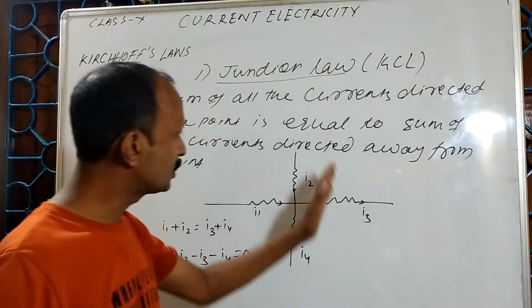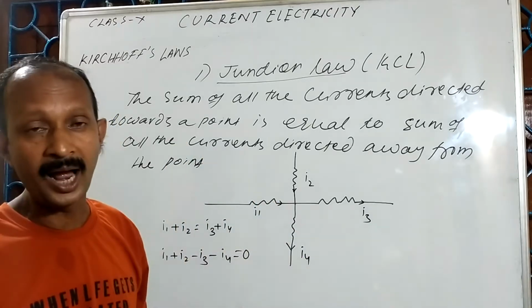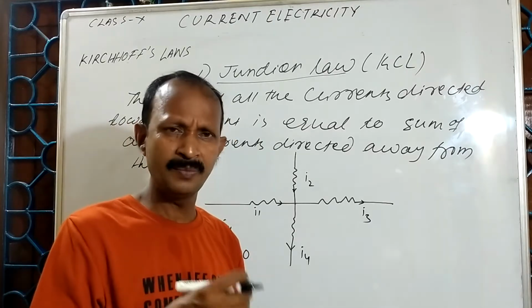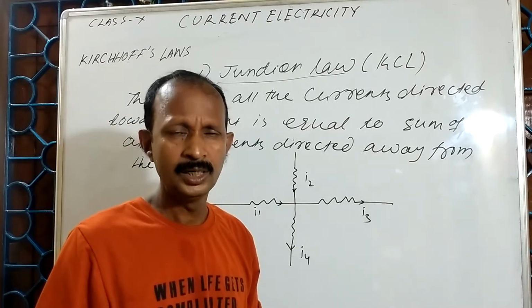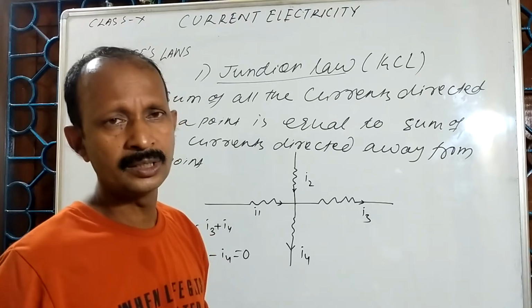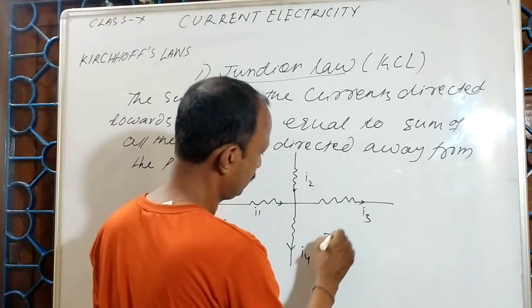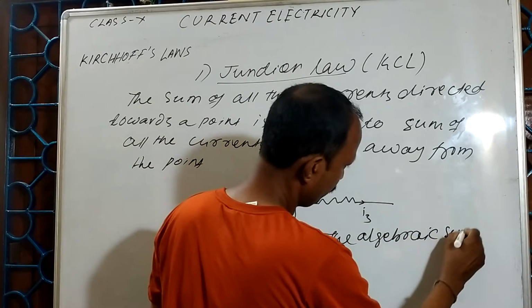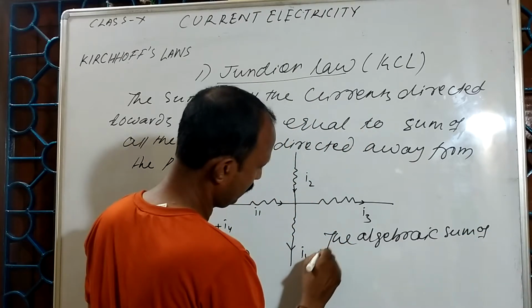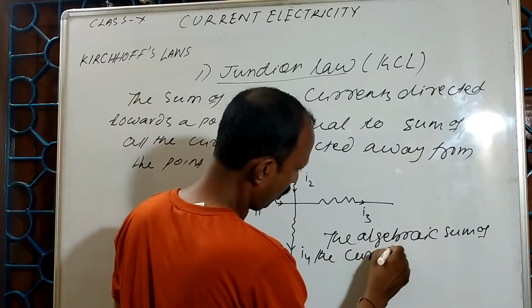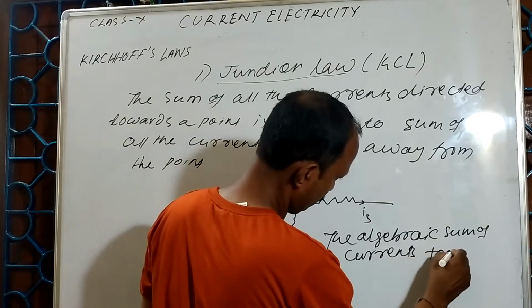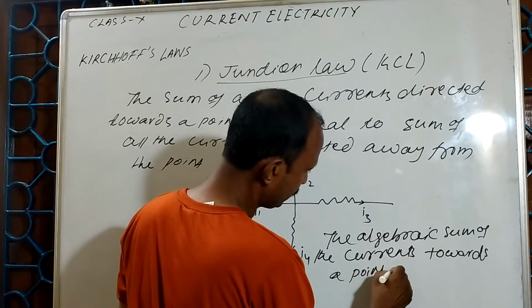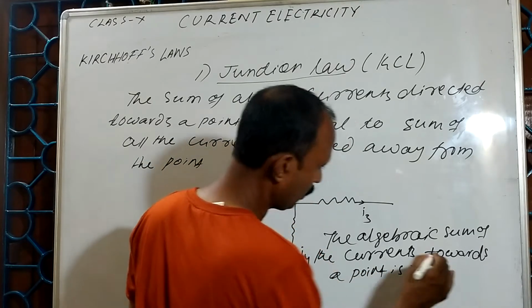So now the same law can be restated: the algebraic sum of the currents towards a point is 0.